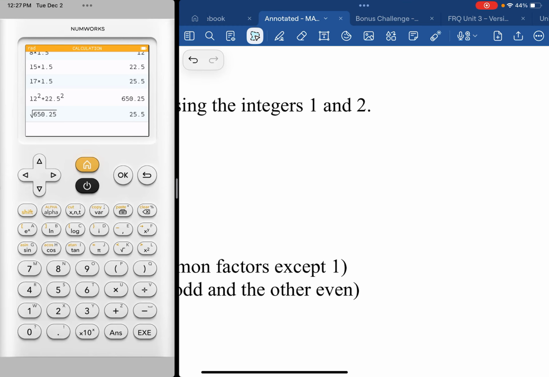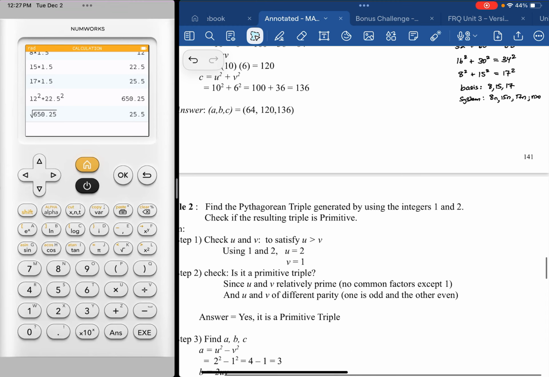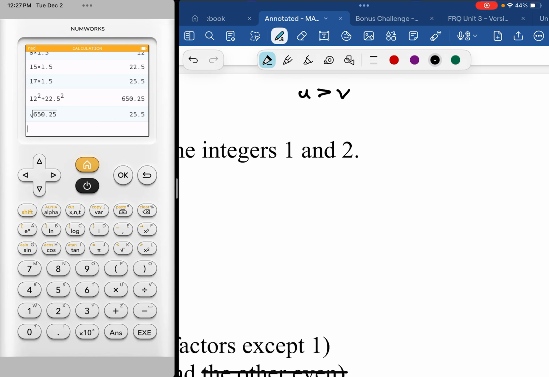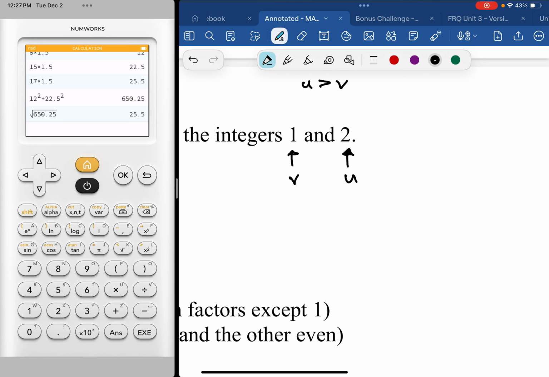So my u and v values, the integers, are 1 and 2. Now u has to be greater than v in order for this to work. So I would designate my u value as 2 and my v value as 1. The greatest common divisor between 1 and 2, you probably shouldn't need a calculator for that, but in case you do, the result is going to be 1.